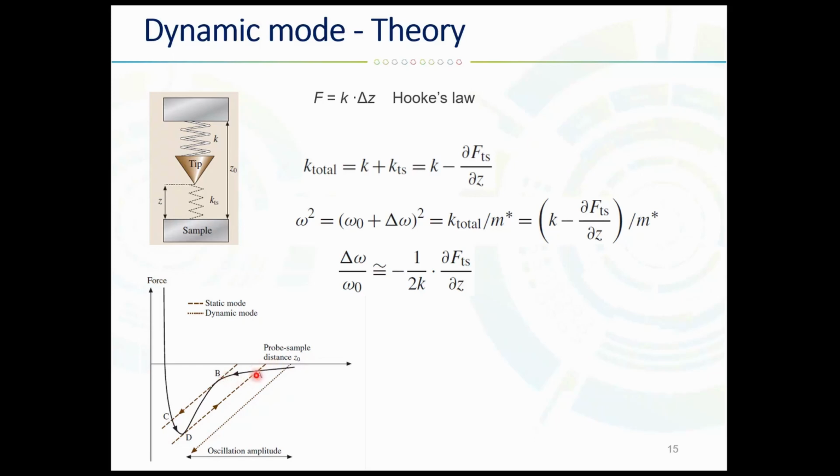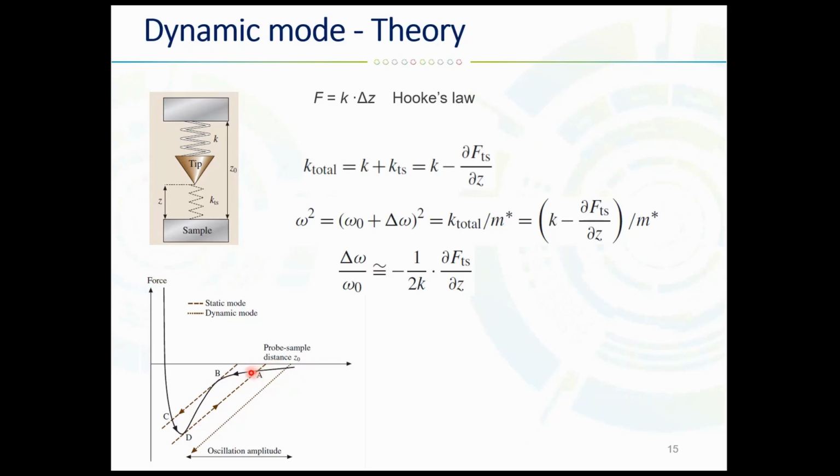Okay, let's start a bit from the beginning. So when the total force is zero, this means that the cantilever is in its equilibrium position, and so on. As soon as we leave this equilibrium position A, we find two possible intersection points while we are approaching the surface.